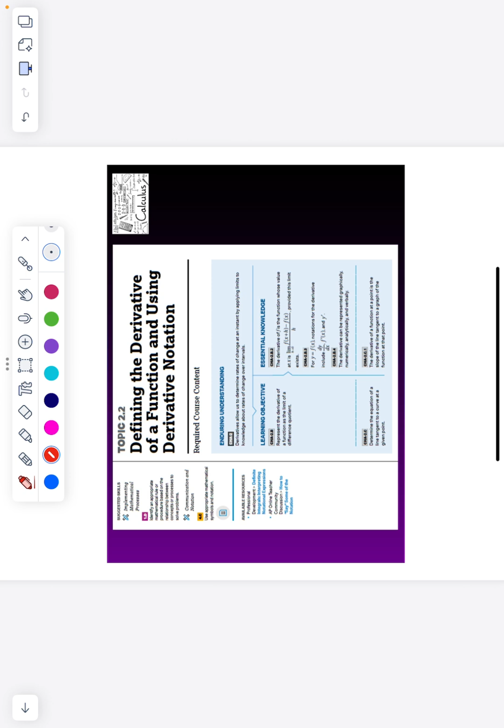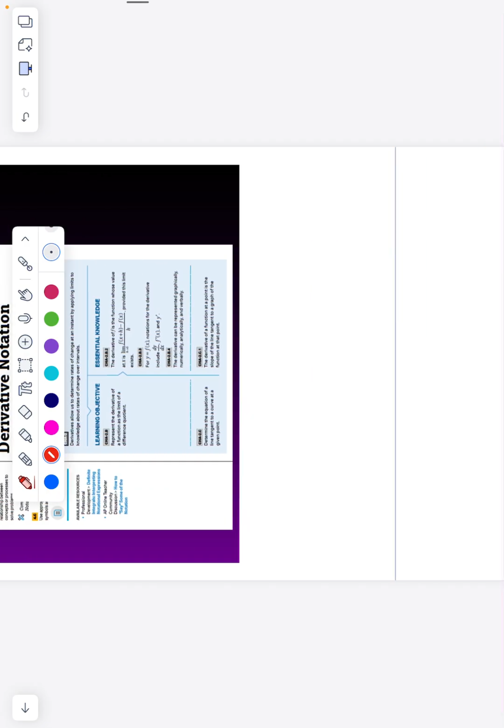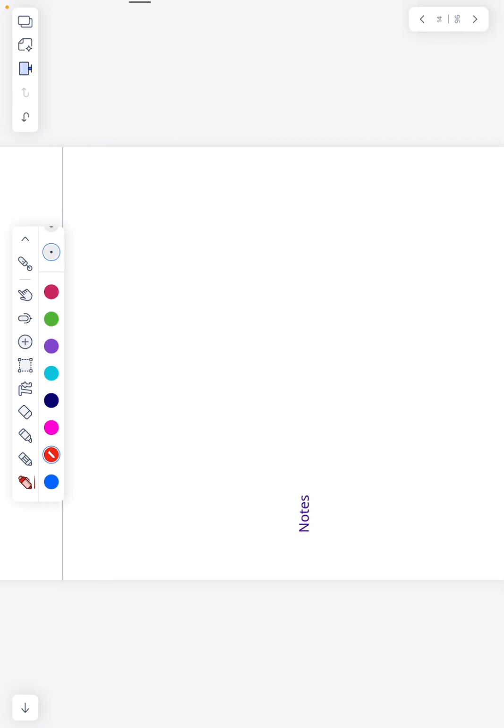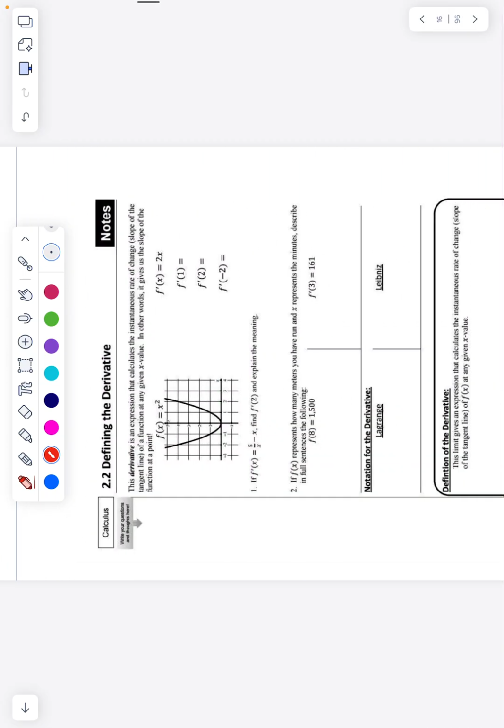But let's go ahead and talk about, finally, the derivative. This is a big deal. You've heard me say that already. And gosh, it has so many applications in science and math. So we'll come back to that later. Here we are.